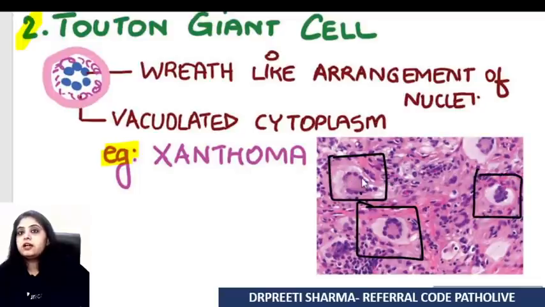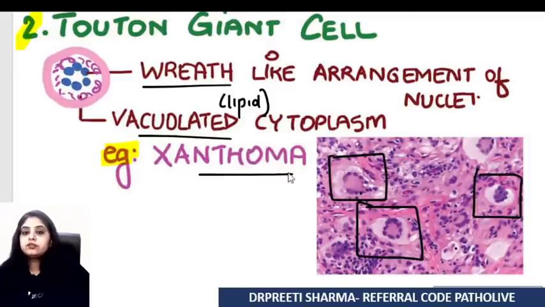They are all arranged in a round manner, and that is known as a wreath-like arrangement. If you look at the cytoplasm around it, it's all whitish and foamy. It's a vacuolated cytoplasm. Why? Because I just told you this is a fatty disorder. This is a lipidaceous disorder. So the cytoplasm will have all the fat. So remember, for a Touton giant cell, you'll have a wreath-like arrangement, and then you're going to have those fatty vacuolated cytoplasm.